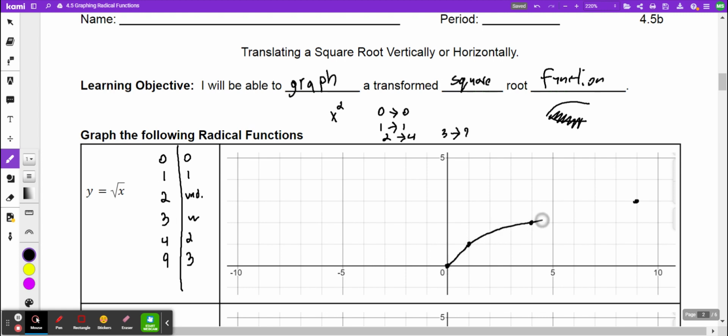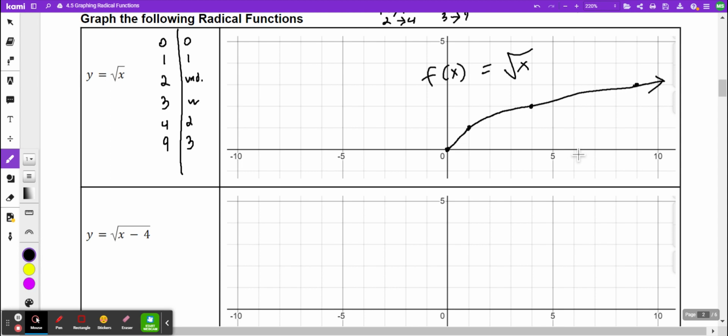Here is the square root of x. I can call this f of x or g of x. This is a function. For those of you who don't believe, you can go on Desmos and check it out.